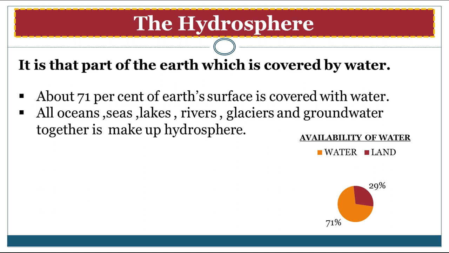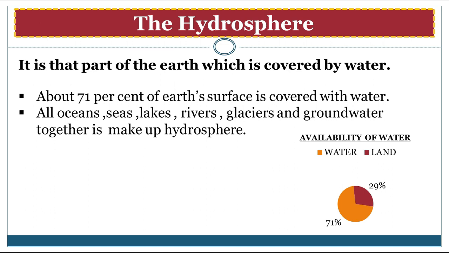It is that part of the earth which is covered by water, and it is estimated that about 71% of earth's surface is covered with water. All oceans, seas, lakes, rivers, glaciers, and groundwater together make up the hydrosphere.